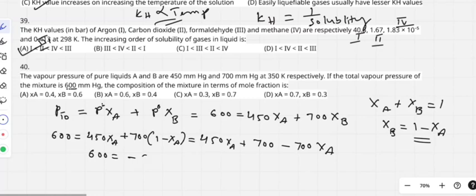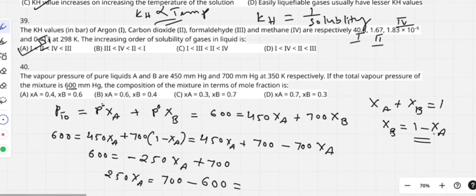That is 600 is equal to minus 250 XA plus 700. So I will send this, 250 XA is equal to 700 minus 600, it is equal to 100.